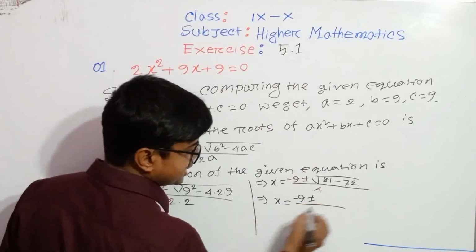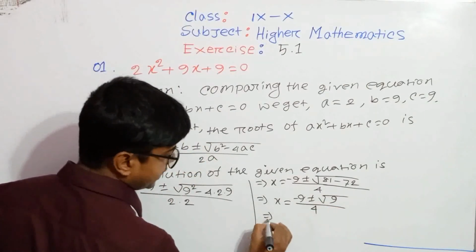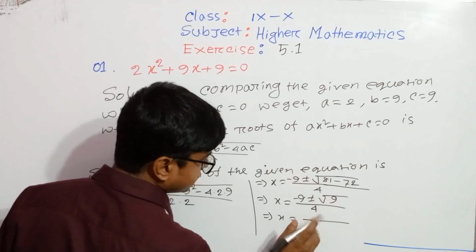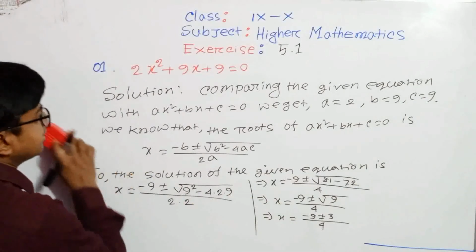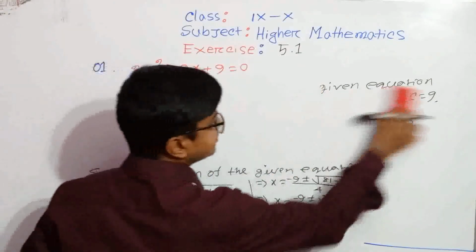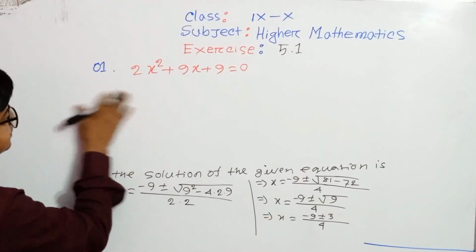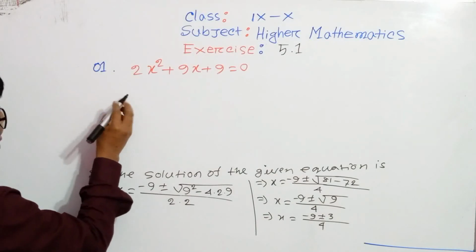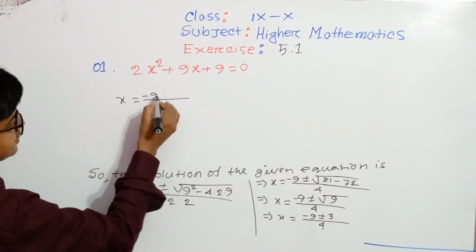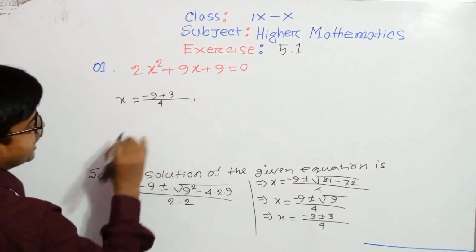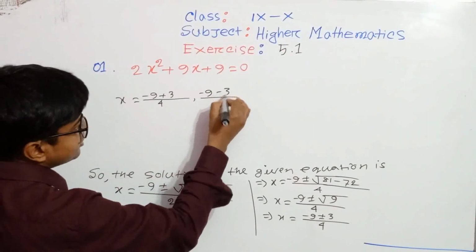Now x equals minus 9 plus or minus square root of 9 by 4, and here x equals minus 9 plus or minus 3 by 4. After this line we can write x equals minus 9 plus 3 by 4, and the other one is minus 9 minus 3 by 4.